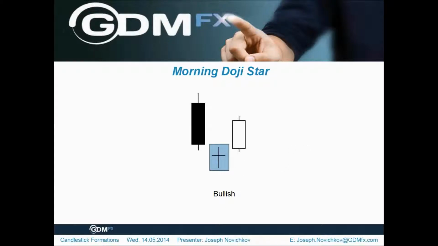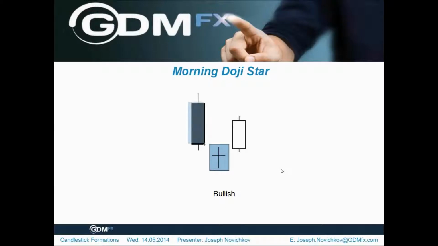But still, this is the most powerful bottom reversal signal, even more powerful than the morning star itself, basically because dojis are very important candlestick lines that we should not overrule. Therefore, from all of these that we just mentioned so far, this one is the most powerful one.